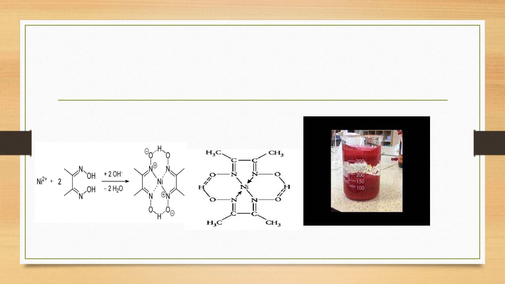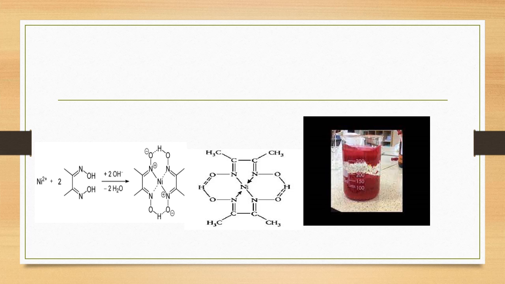Now coming to the structure of the complex, again nickel, which is in bivalent state, is at the central position. It is linked to 2 units of dimethyl glyoxime, and therefore the name is nickel bis dimethyl glyoximate, because bis means 2, there are 2 dimethyl glyoxime units.